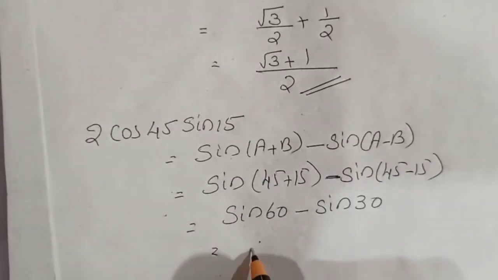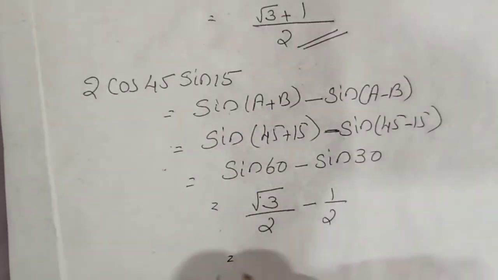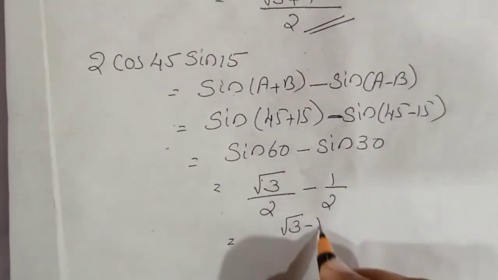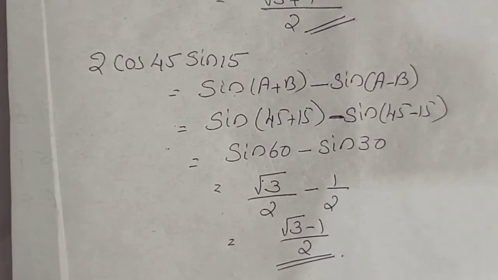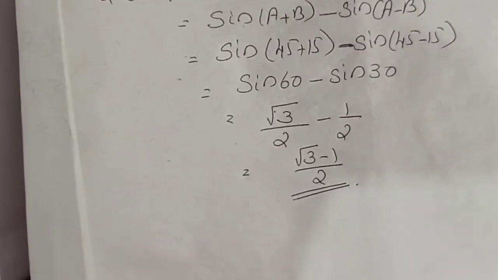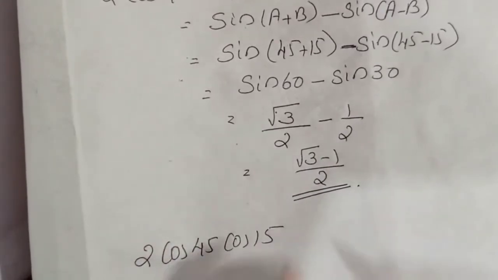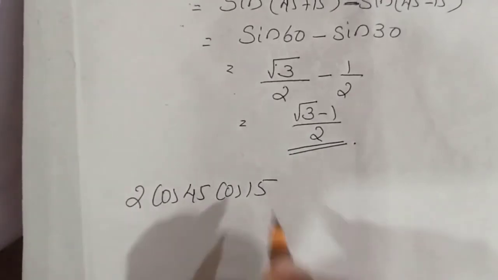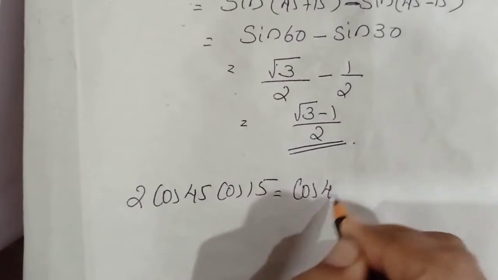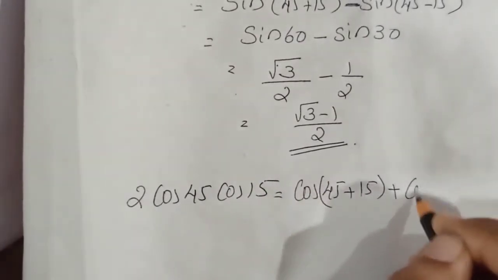Very good. What is sine 60? Yes, root 3 by 2 minus 1 by 2. When you take the LCM, root 3 minus 1, the whole by 2. Understand? Now, what is 2 cos 45 cos 15? If both cos, means cos sum plus cos difference.